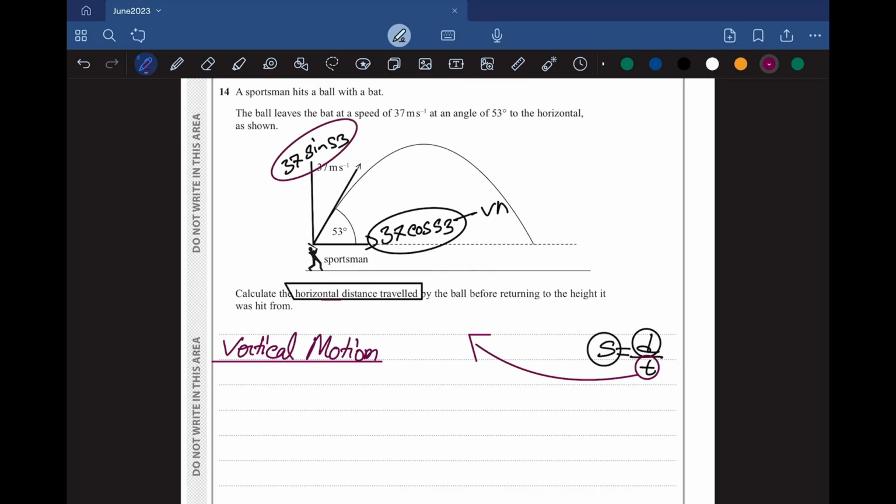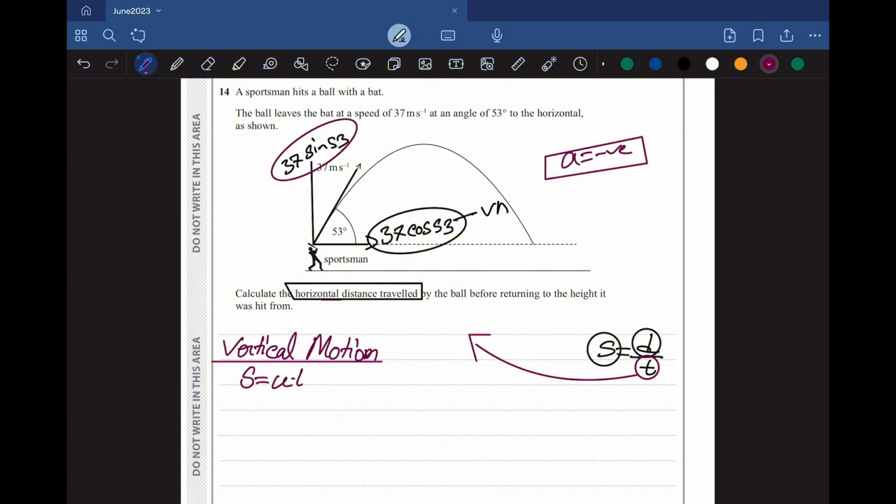And we know in vertical motion the ball goes up and then comes down, and the acceleration is negative. Let's write the formula right now.